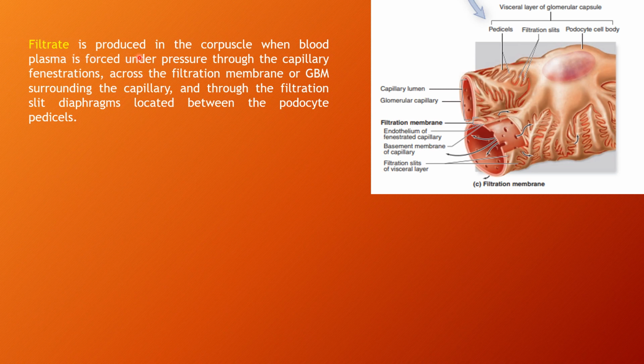Filtrate is produced in a corpuscle when blood plasma is forced under pressure through the capillary fenestrations, across the filtration membrane or glomerular basement membrane surrounding the capillary, and through the filtration slit diaphragm located between the podocyte pedicels.